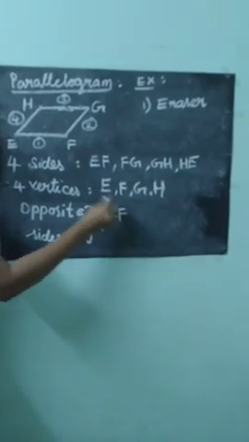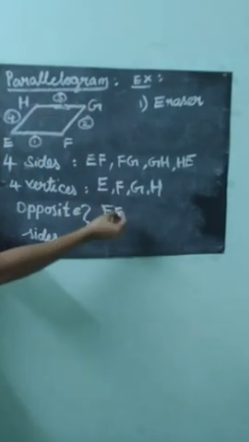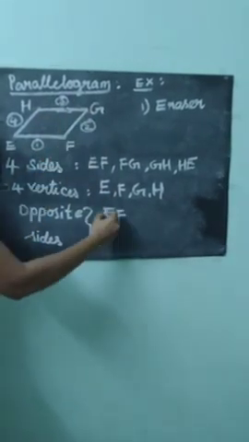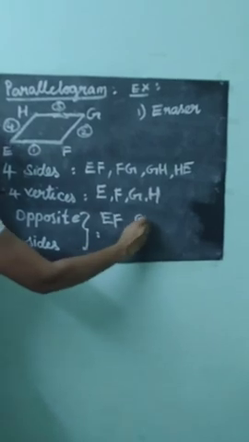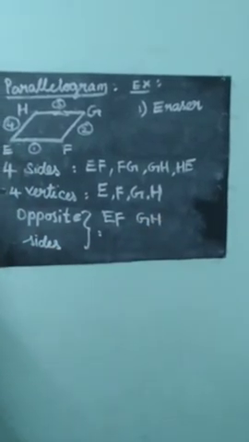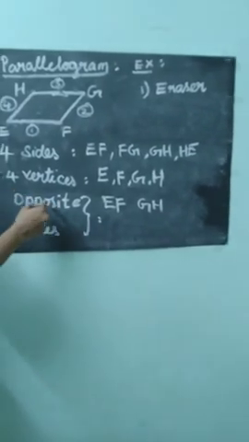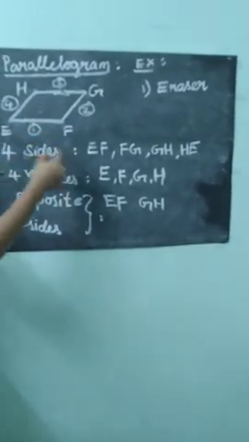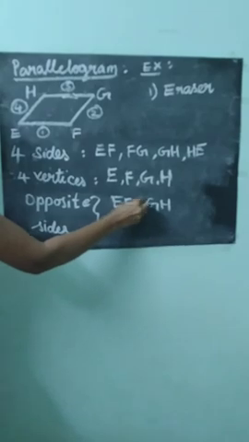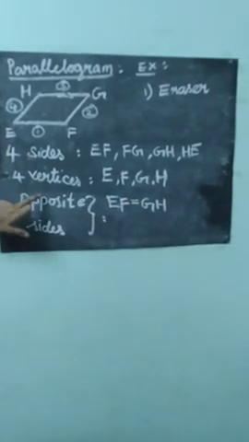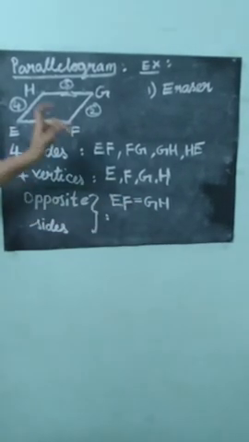EF is opposite to GH. These 2 sides are equal and parallel. In a parallelogram, opposite sides are equal and parallel.